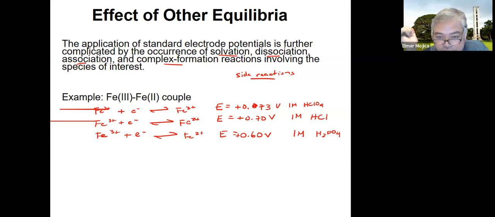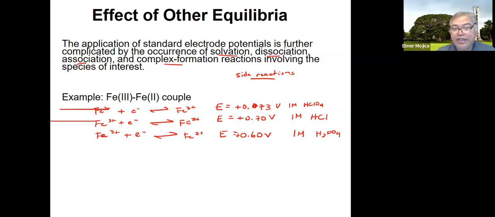In 1 molar perchloric acid, they found out that the electrode potential of Fe3+ going to Fe2+ is around 0.732. If they substitute hydrochloric acid for the perchloric acid, this goes to 0.70. And if they use phosphoric acid, it goes down to 0.60.